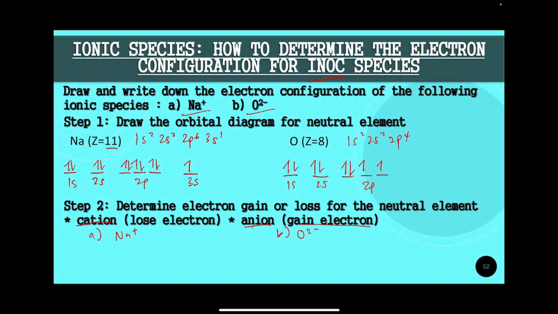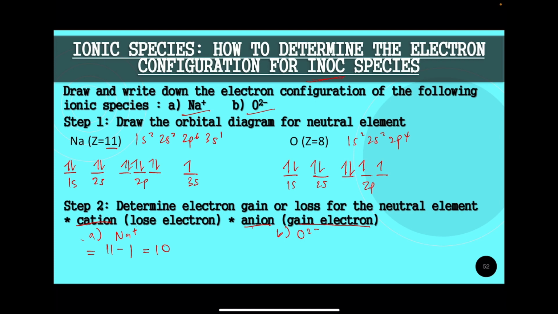So for sodium plus, which means it is the cation, since it only mentioned 1 plus, the total electrons for Na+ is 11 minus 1, which means it only has 10 electrons in the sodium ion.